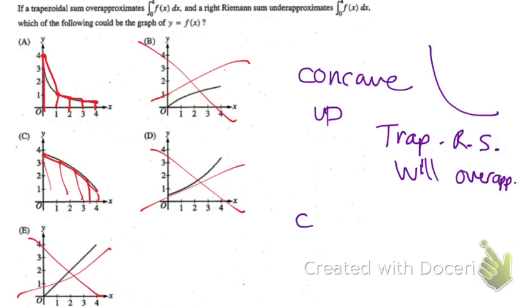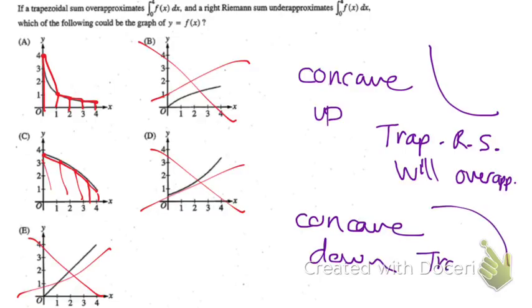Versus if we have a function that's concave down, like this one was, a trapezoidal sum will under-approximate.